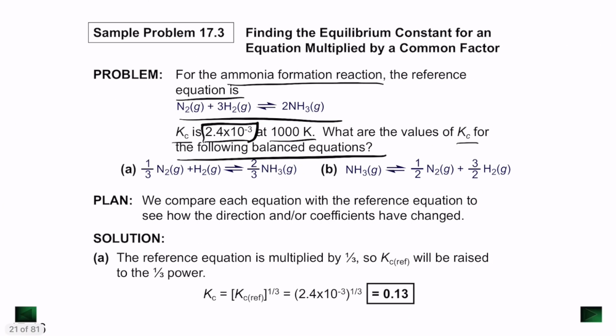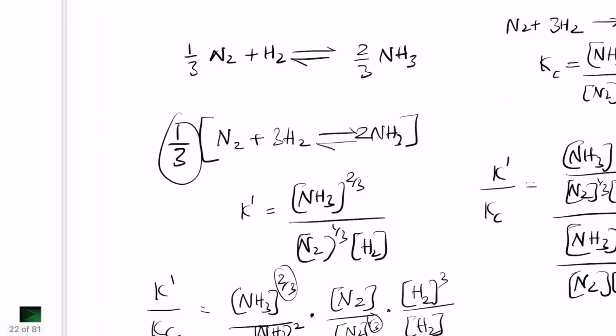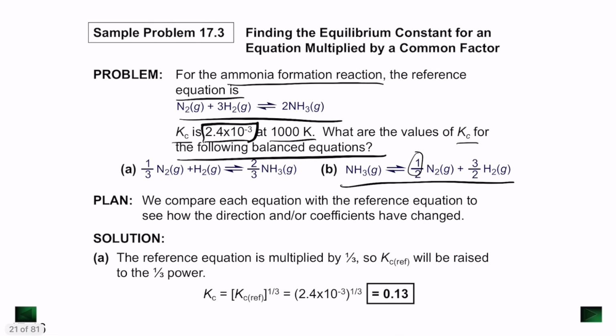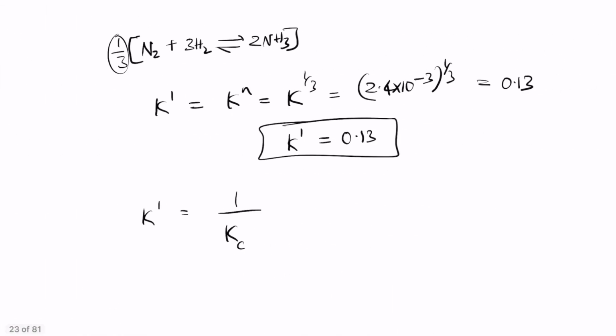Now let's go to the second problem. In the second problem, first things first to remember here is that they have reversed the reaction. So first we have to reverse the reaction, and then they've also multiplied the reaction by 1 by 2. So K dash for the second reaction becomes 1 by Kc, and to the power they've also multiplied 1 by 2, which means to the power 1 by 2.